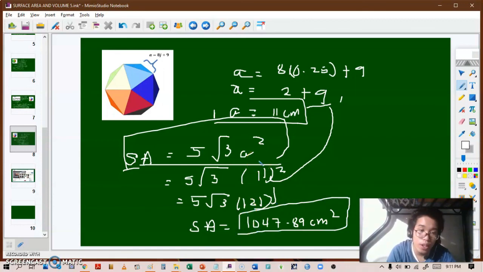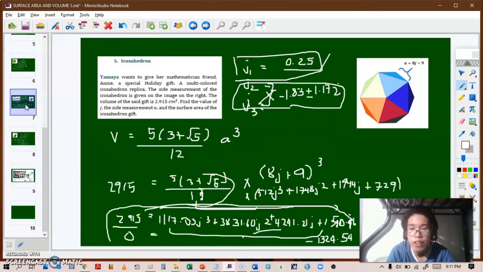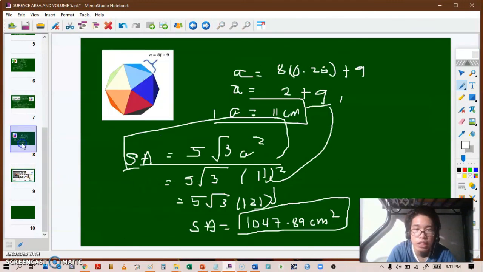This is the surface area of Tamaya's icosahedron gift to Annie. So we found the value of J, 0.25, the side measurement A, which is 11 centimeters, and the surface area, which is 1047.89 squared centimeters.